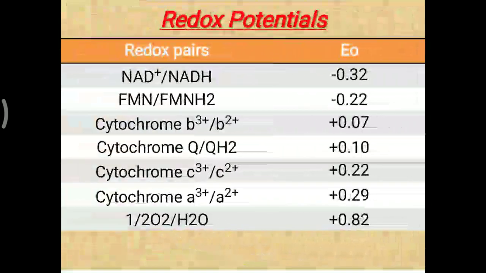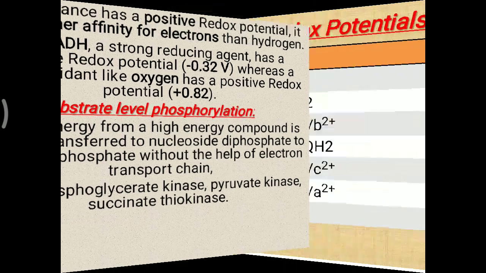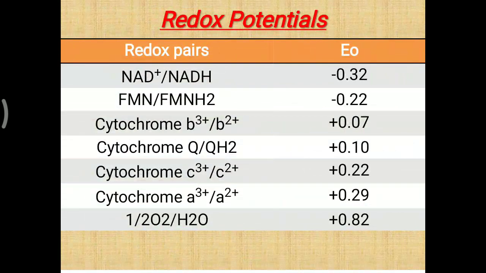Further, the redox potentials of different redox pairs are given here. The lowest one is minus 0.32 for NAD plus and NADH, and the highest is for the oxygen molecule, plus 0.82.